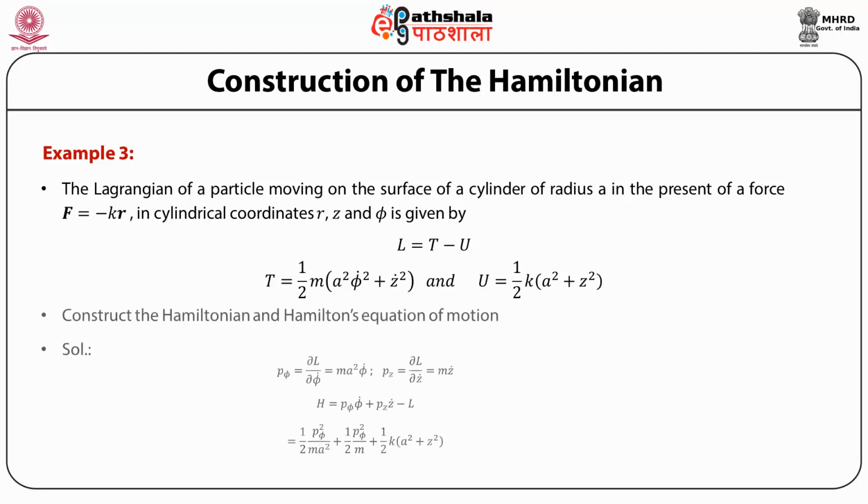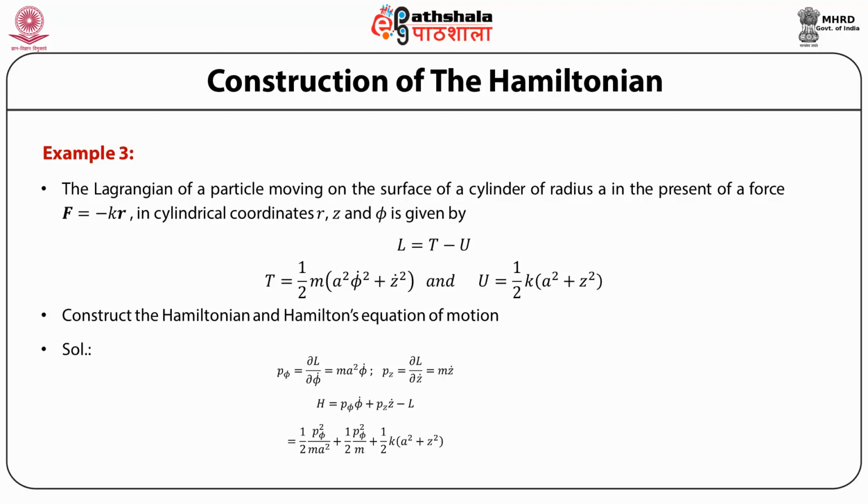Now, in order to construct the Hamiltonian and the Hamiltonian equations of motion, we first obtain the conjugate momenta, that is, the momenta conjugate to our generalized coordinates phi and z, which we have chosen to be the cylindrical coordinates.